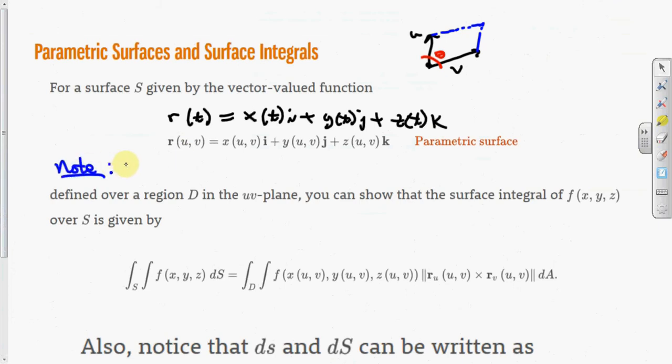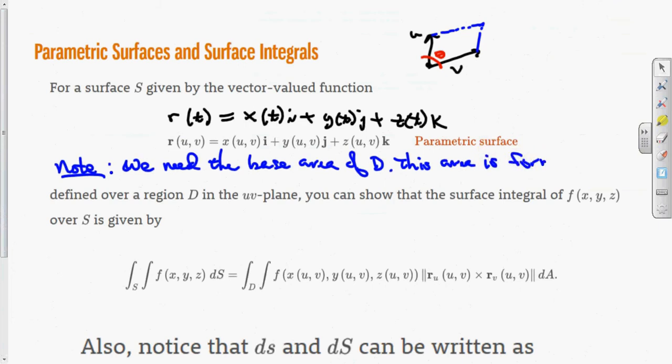So note, we need the base area of D. This area is formed from the norm of the cross product of R sub u, R depends on u, and R sub v.